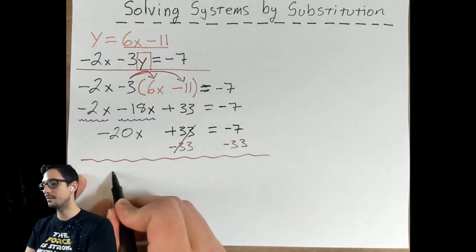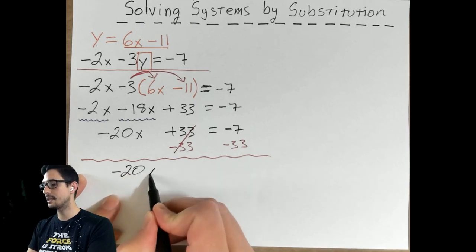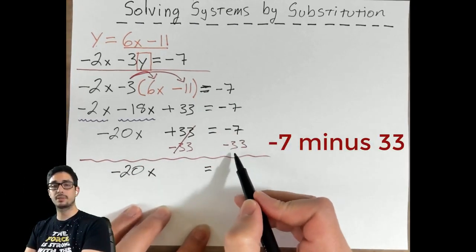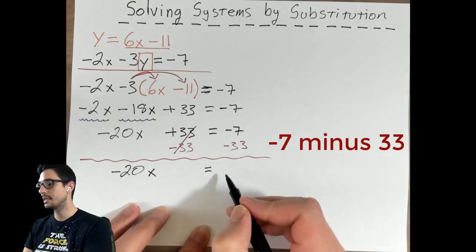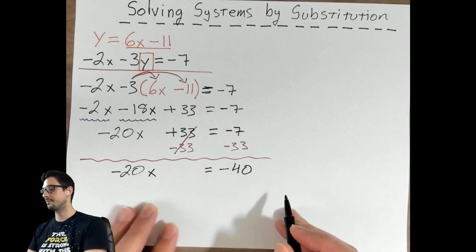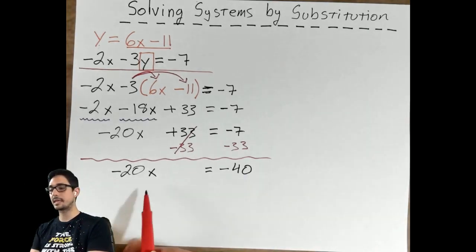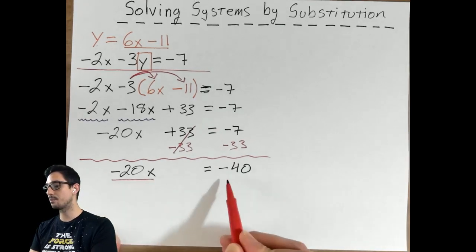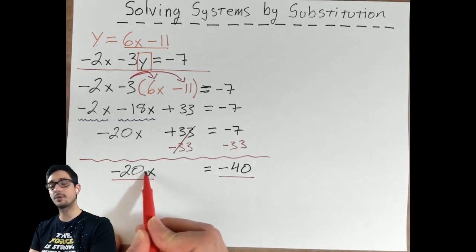This negative 20x equals, now negative 7 plus a negative 33 is a negative 40. Okay, I got a negative 20x equals a negative 40. I'm going to divide both sides because these guys are being multiplied to each other.